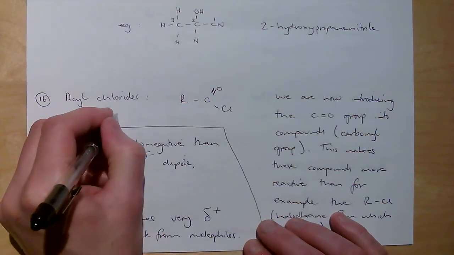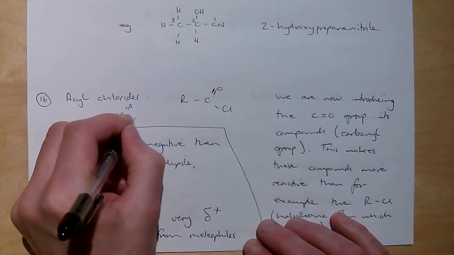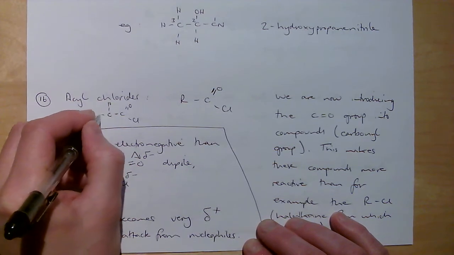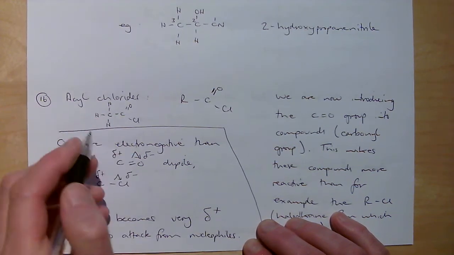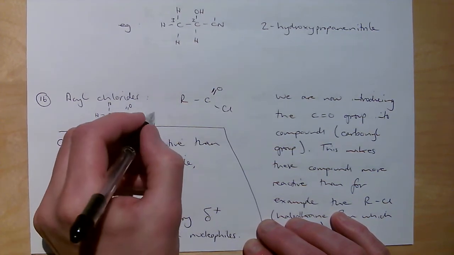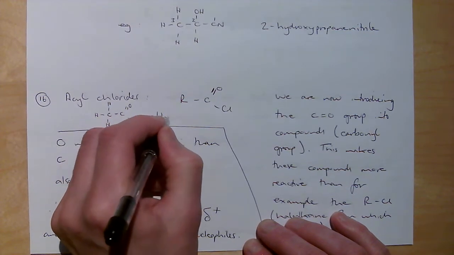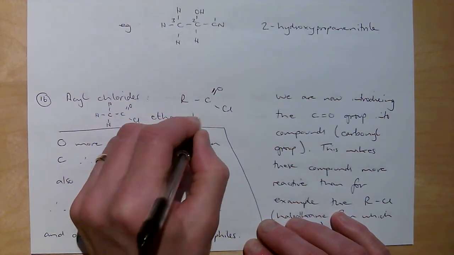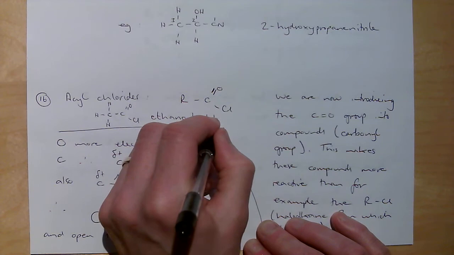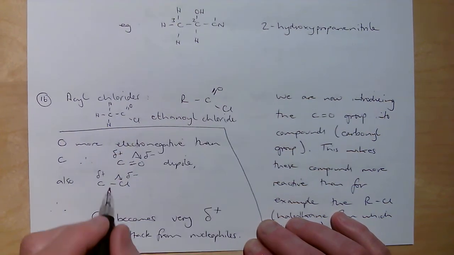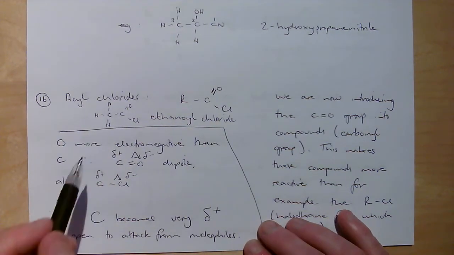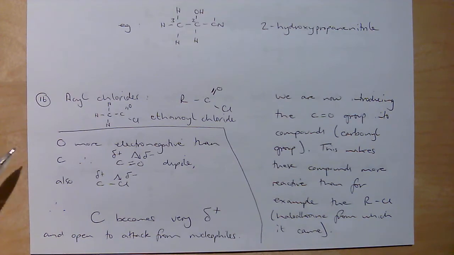So if I go CH3COCl, that would be called ethanoyl chloride.